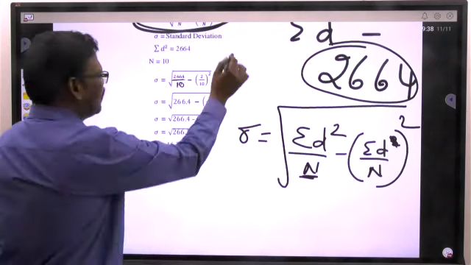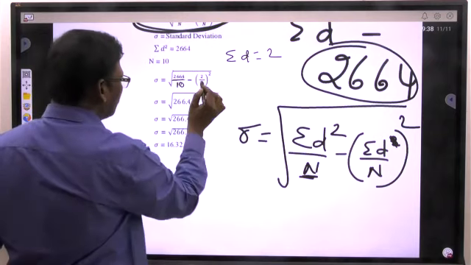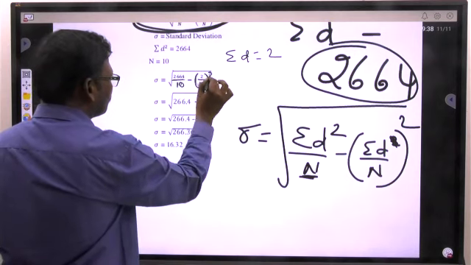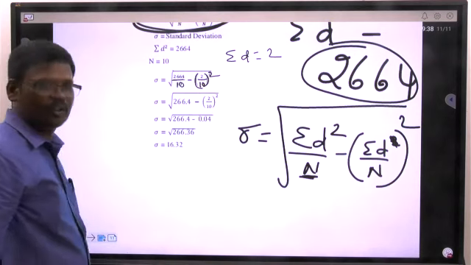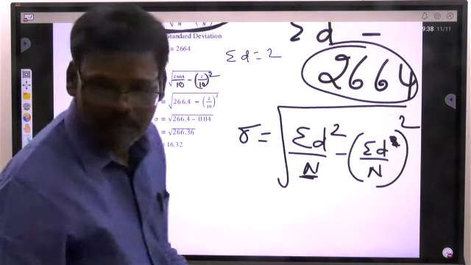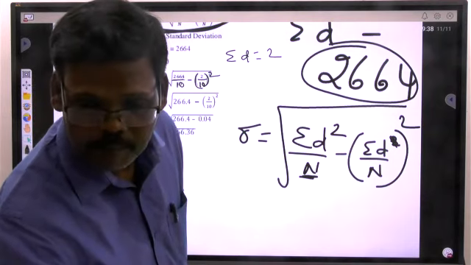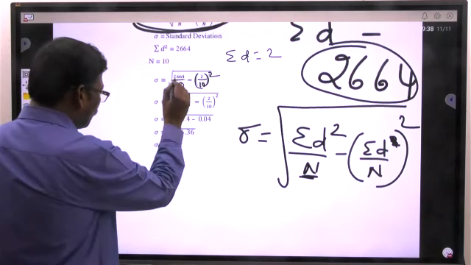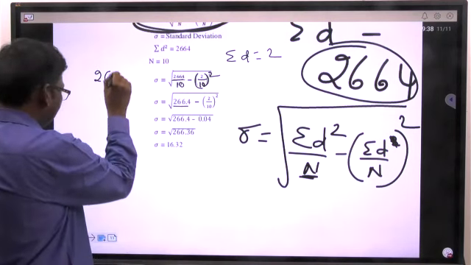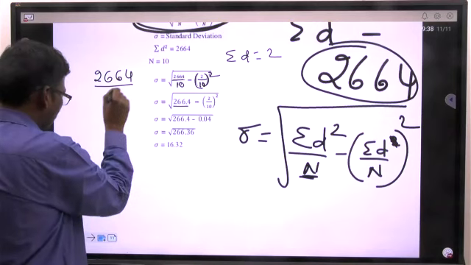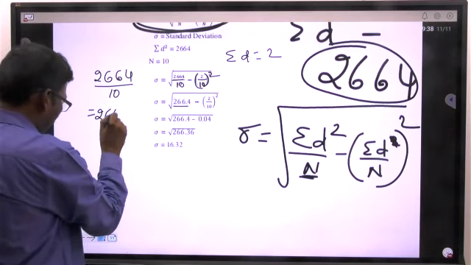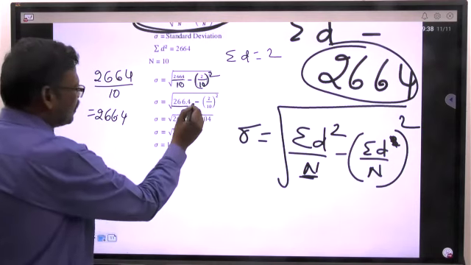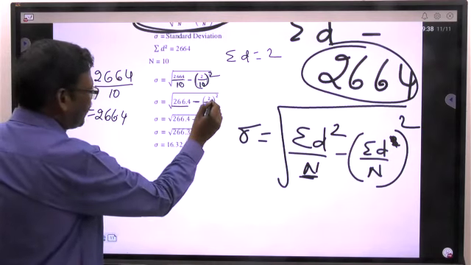Sigma D is equal to only 2, so it is 2 by 10 whole square. 2664 by 10 is 266.4. So we get 266.4 minus 2 by 10 whole square.